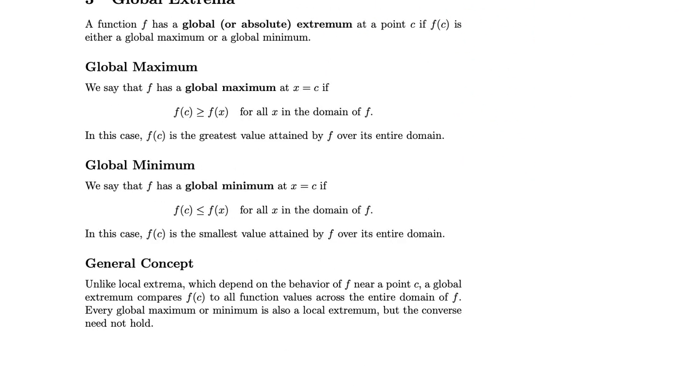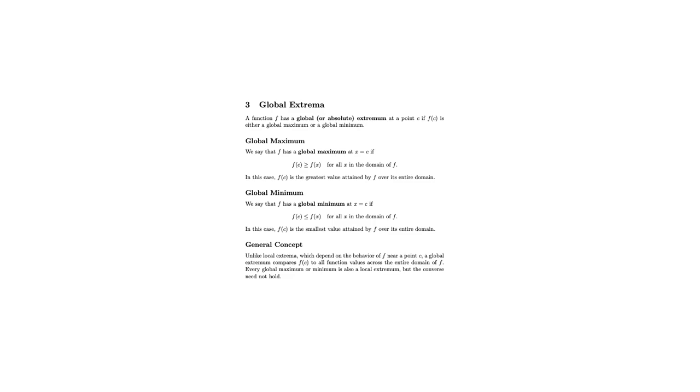Then we have global extrema. This one's even easier to understand. So if you have a function, let's say it goes like this and it goes like this, then we call this point up here the global maximum of the function, because its value is greater than every other point on the function.